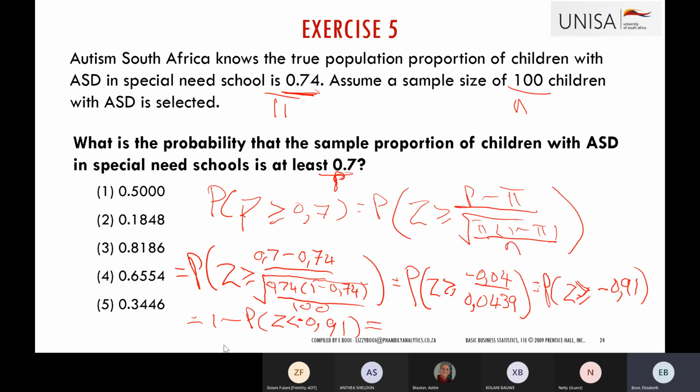We go to the Z table. On the negative side, we look for 0.91. We get 0.1814. So we say 1 minus 0.1814 gives us 0.8186, which is option 3.